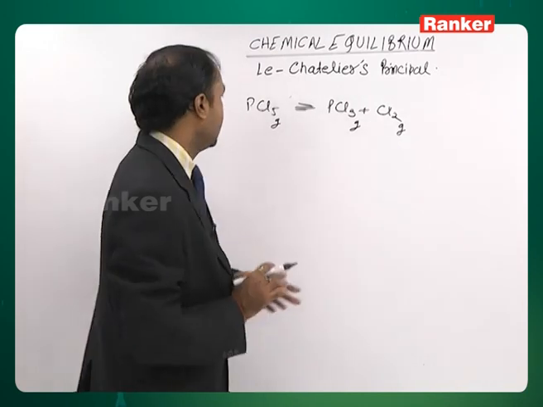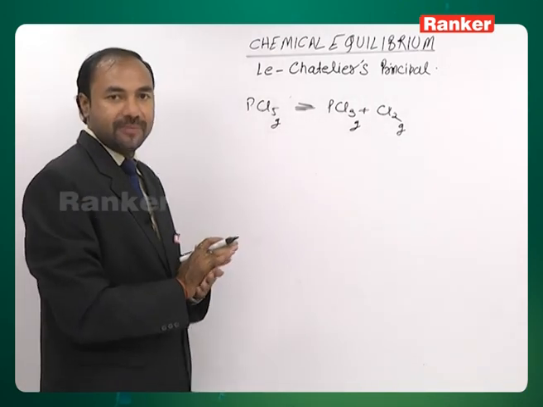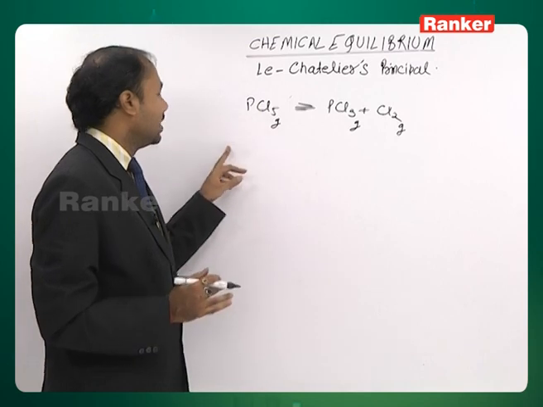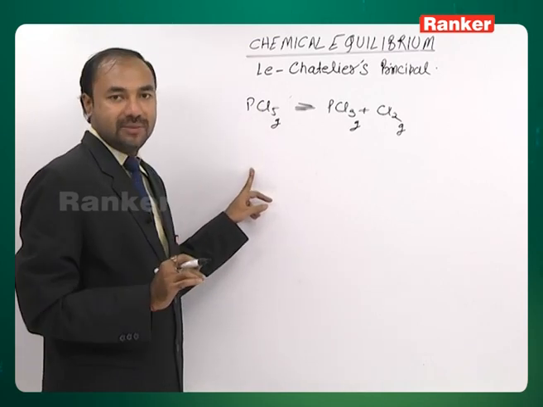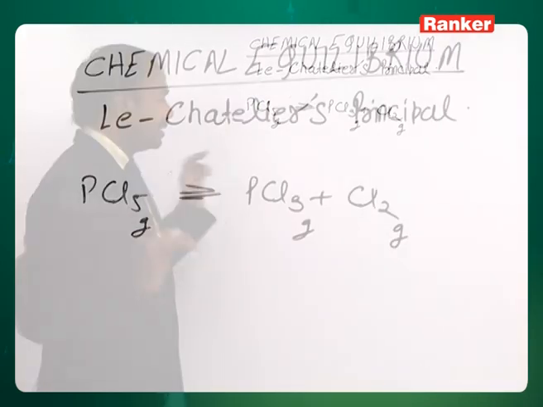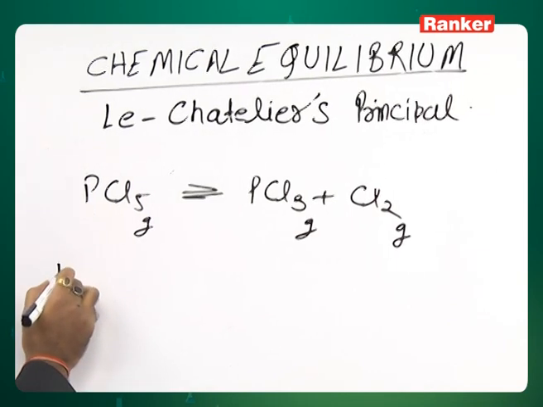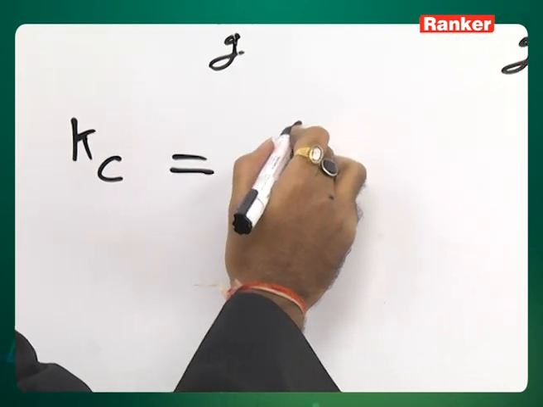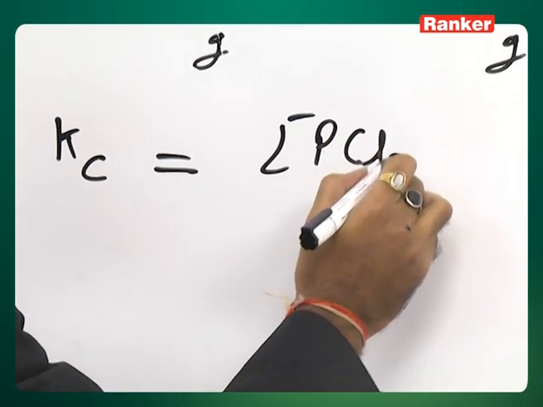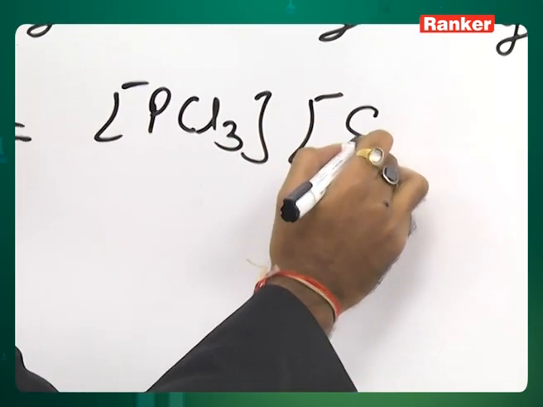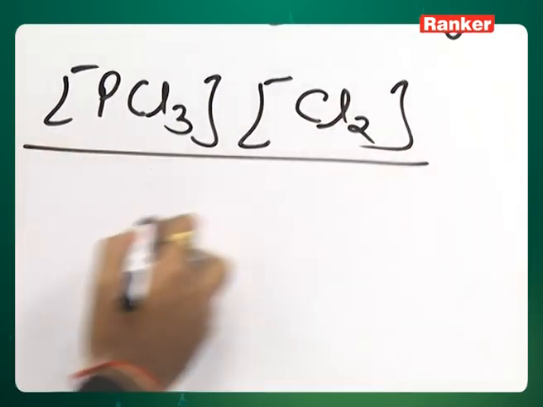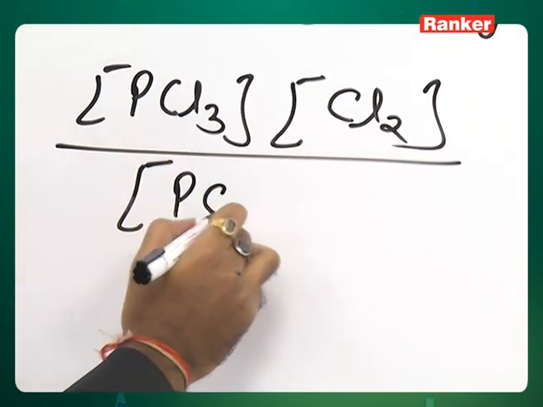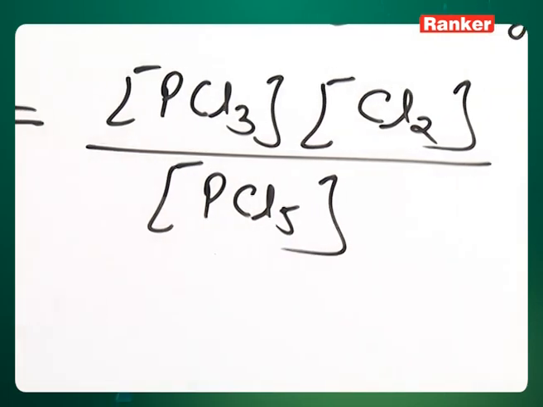This is the question. There are 2 ways of solving this. The very first thing which you have to do is find the equilibrium constant for the expression. That will be Kc, we are writing here, it is not given, so we will find it. This will be equal to concentration of PCl3 into Cl2 upon concentration of PCl5.